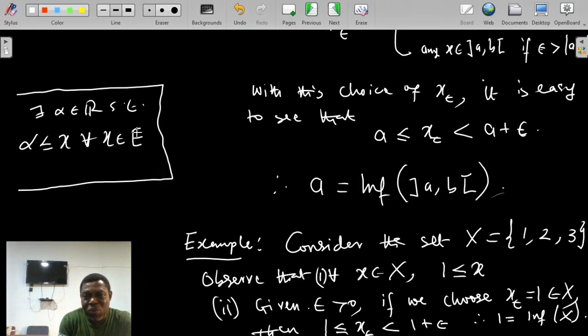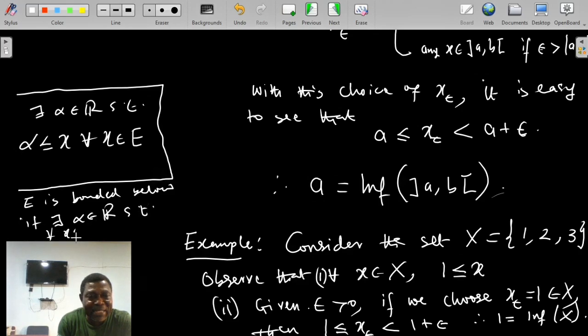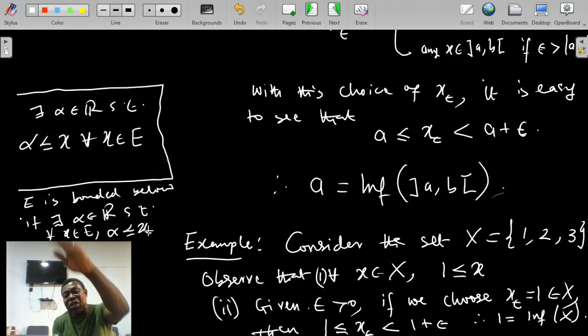But if you watch what I've been doing, you'll find out that I will rather write that E is bounded below if there exists alpha in R so that for any x in E, alpha is less or equal to x. If you watch all through, this is what I've been doing. But if you read some literature, this is what you will see.